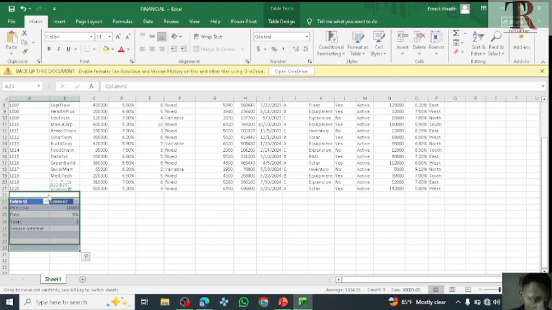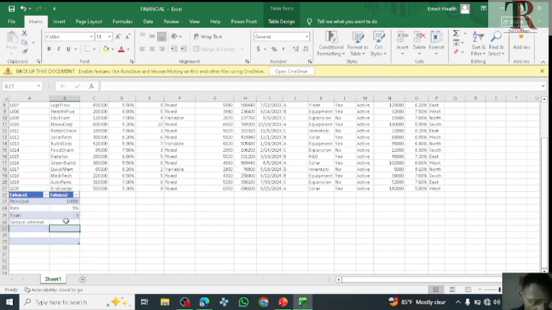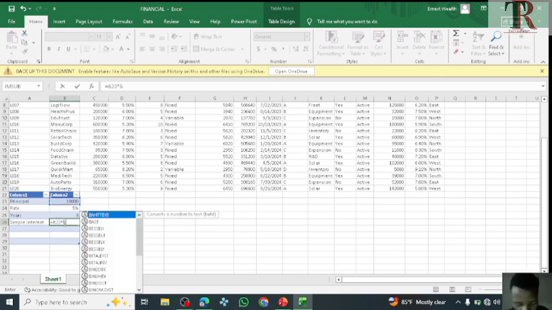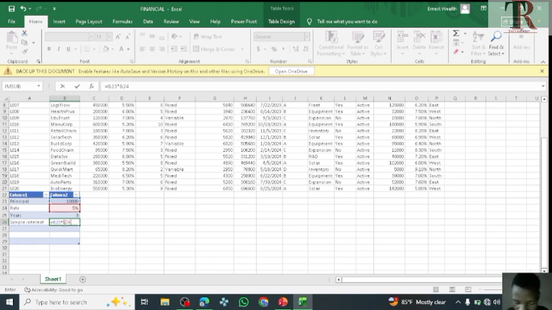So you can say equals B23 times B24 times B25. That will give us our simple interest. For the principal, the loan, we are paying 5% for 3 years. How much is the total simple interest? 1,500. That is the total simple interest.